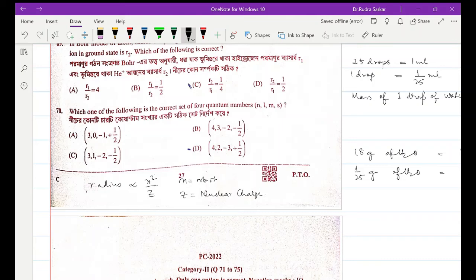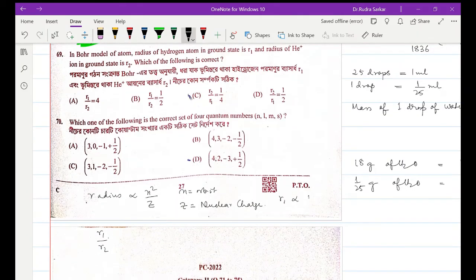Okay, so what is the sum? R1 by R2 we have to find out. So what is R1? Ground state means 1 square by 1. What is R2? Again 1 square by what? 2.